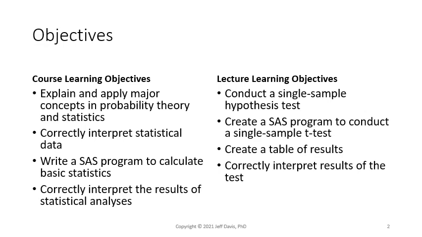So create a table of results. This is going to show the results of the t-test. It's going to give people information about the sample mean and things like that. But it's also going to show results of the t-test. And then I'm going to essentially walk you through the interpretation of the results.